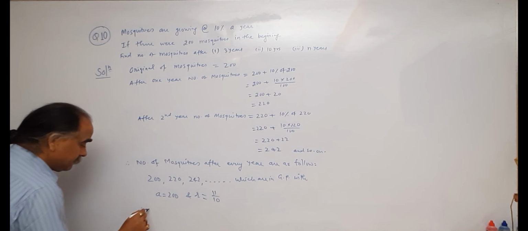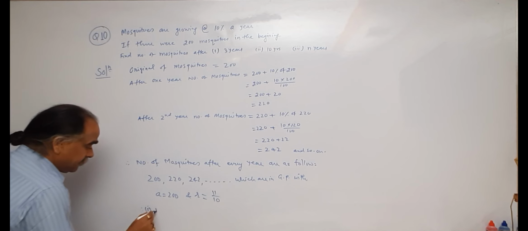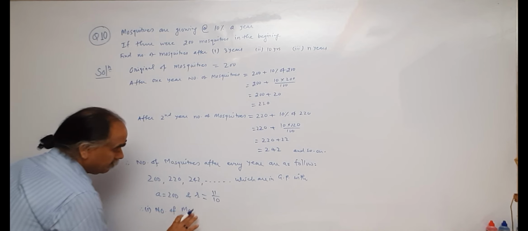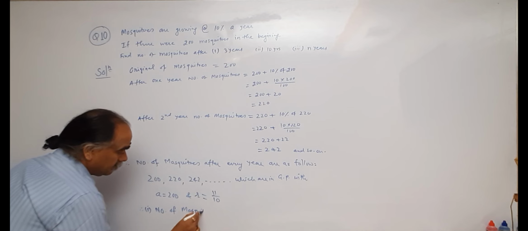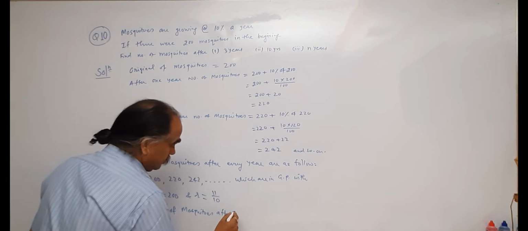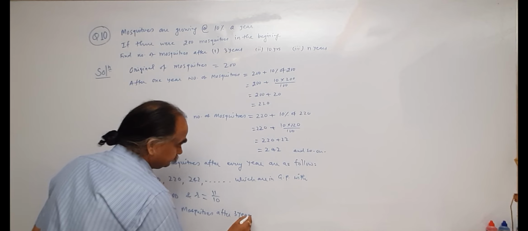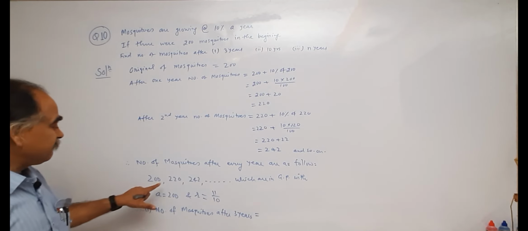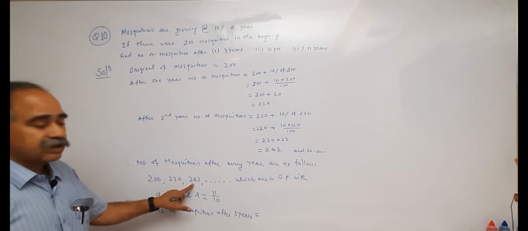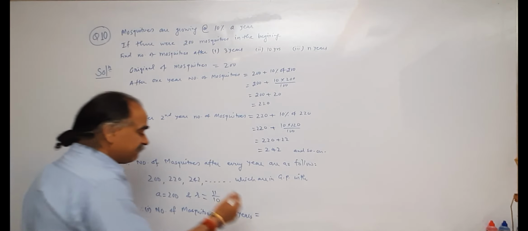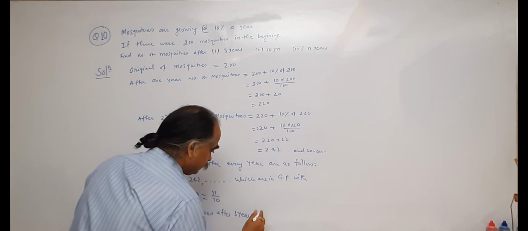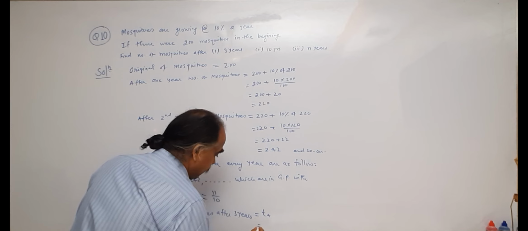Therefore, number of mosquitoes after 3 years. See, this is after first year, second term. Second term is what? After first year. Third term is what? After second year. And after 3 years, it will be what? Fourth term, T4. And T4 is what?